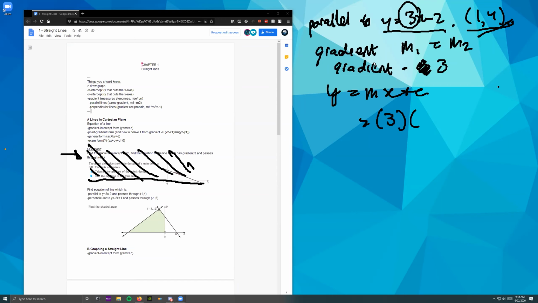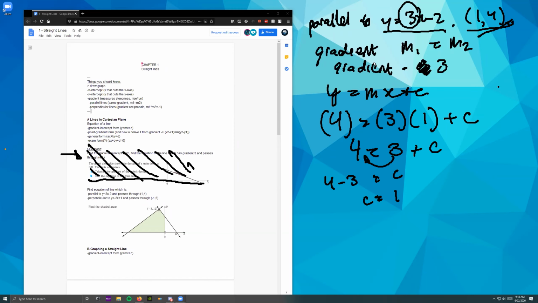And so this is the same as the question before. You get 4 equals 3 plus c. And by moving this to the other side, you get 4 minus 3 equals c. And you find that c equals 1.